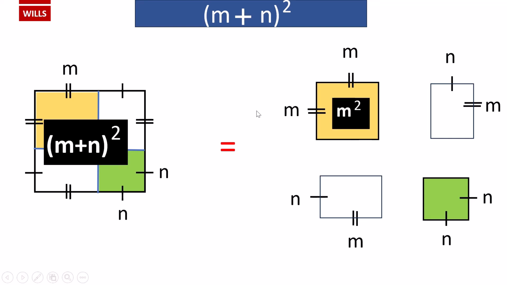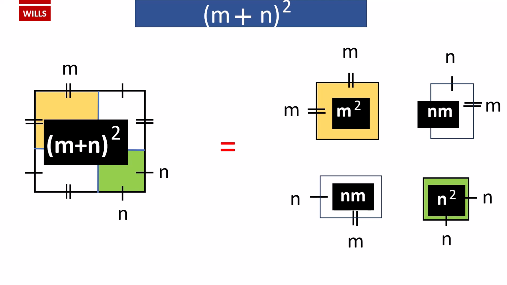m squared, because the length is m, for figure 1. n times m, because the length is m and the width is n, for figure 2. n times m, because the length is m and the width is n, for figure 3. And then n squared for figure 4, because the length is n.